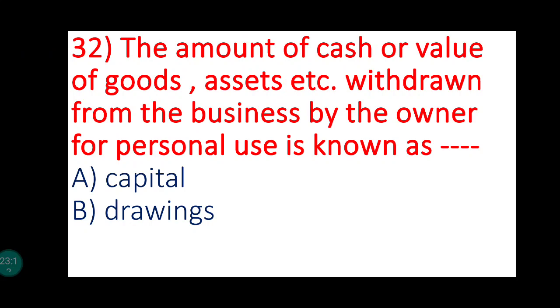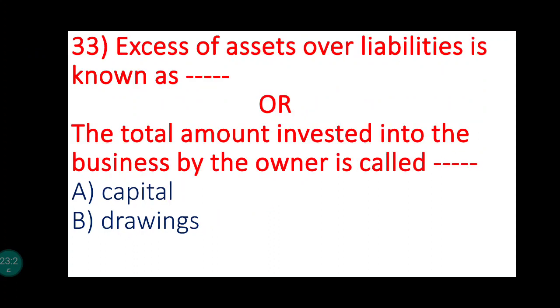And the next one, the amount of cash or value of goods, assets, etc. withdrawn from the business by the owner for personal use is known as drawing. Excess of assets over liability, this we discussed in this equation. Excess of assets over liabilities is known as capital.